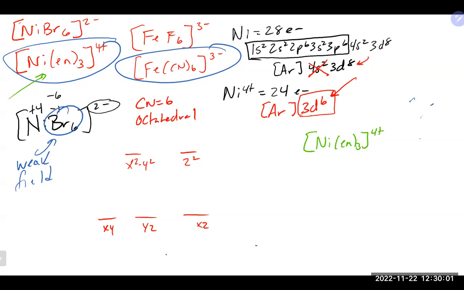So in this case, in terms of coordination number, it is going to be 6. Once again, there are 3 of these ethylenediamines. That is the guy that we saw the other day that looks like this if you draw it. And it is a bidentate guy where both of those nitrogens per one molecule are bound in.